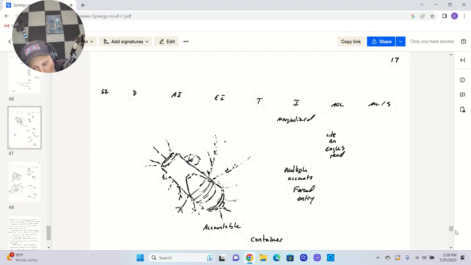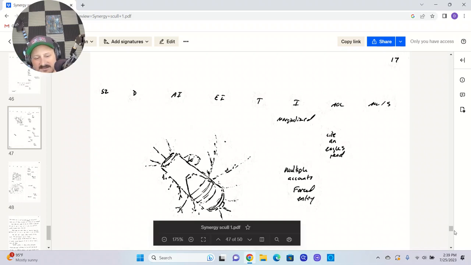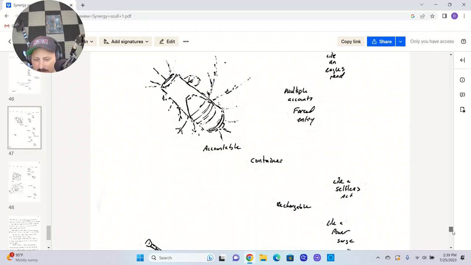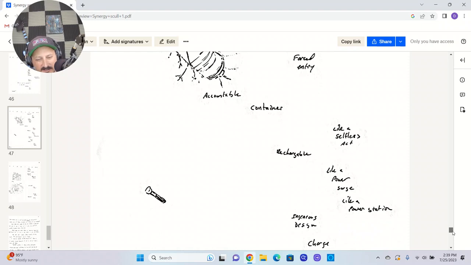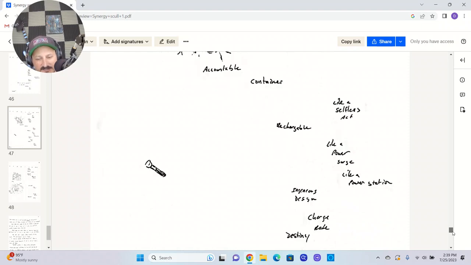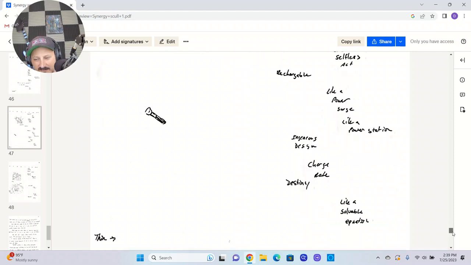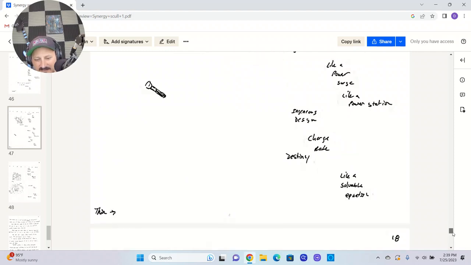But I'm getting a sense of multiple accounts, 4th century. This idea of a container, rechargeable, like a power surge, like a power station. Ingenious design. This idea of destiny.